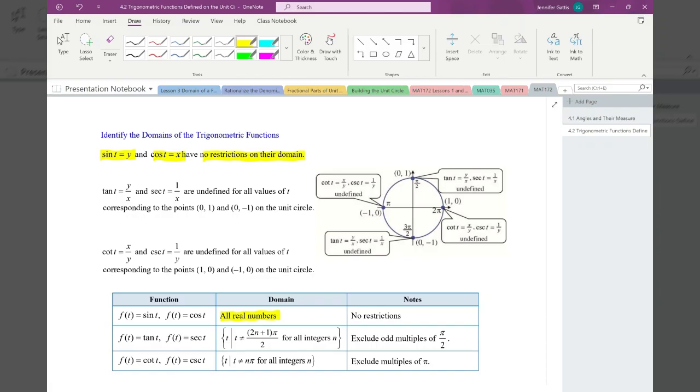Now, something that we need to pay attention to is that for sine and cosine, the range goes from -1 to +1 inclusive. So although we can put any value for t into sine and cosine, the result is always going to be something between -1 and +1.